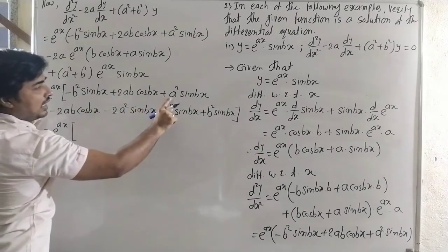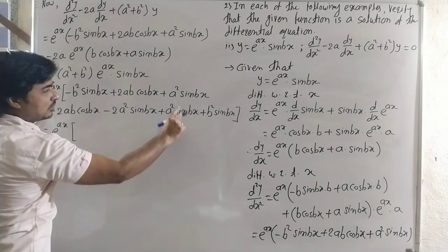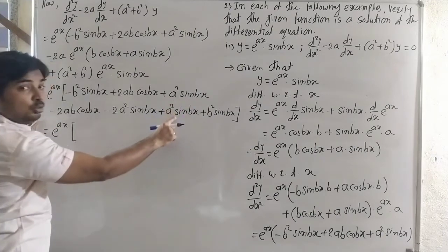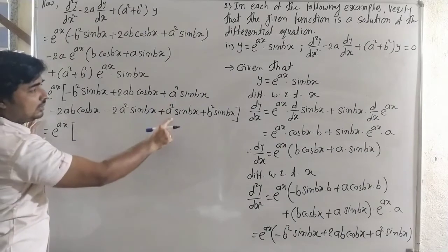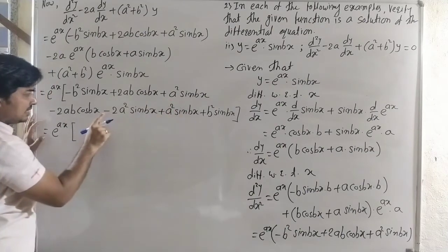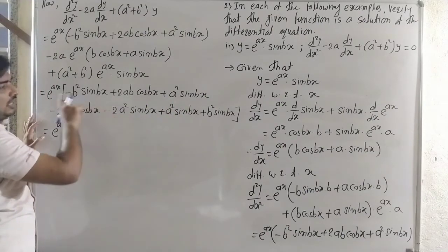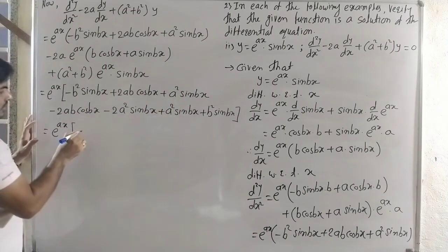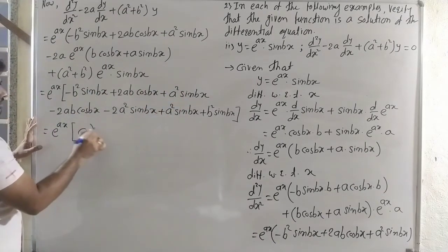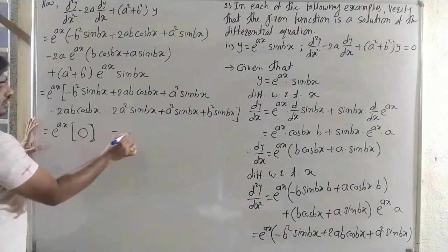And here a square sin bx plus a square sin bx is plus 2a square sin bx, and it is minus 2a square sin bx. That means in the bracket all terms cancel, it will be 0, and then it is 0.